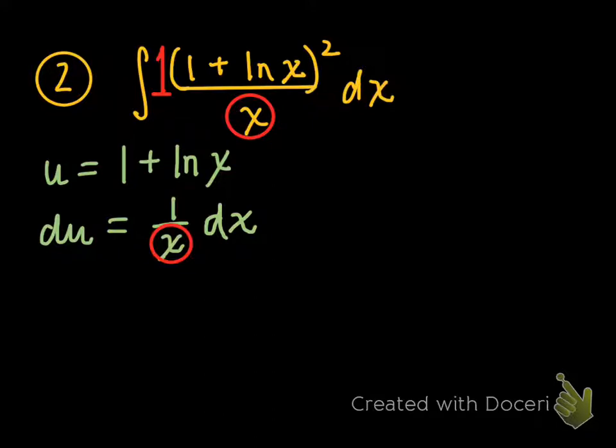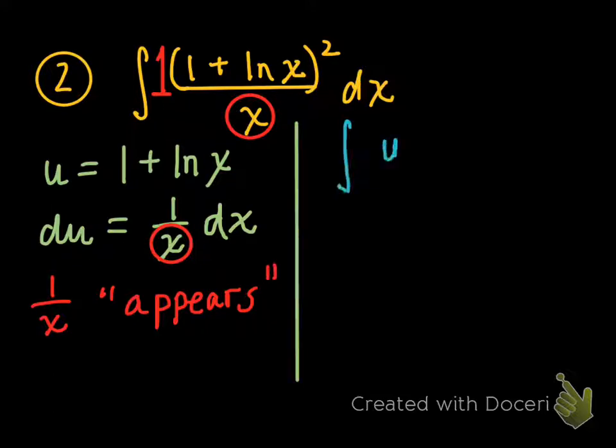I'm now going to rewrite the original integral in terms of u. So note here that 1 over x does indeed appear. Instead of 1 plus natural log x, I replace that with a u and write that as u squared.